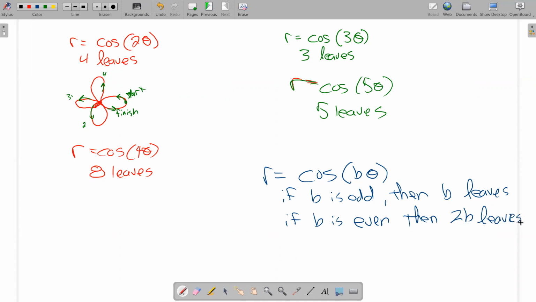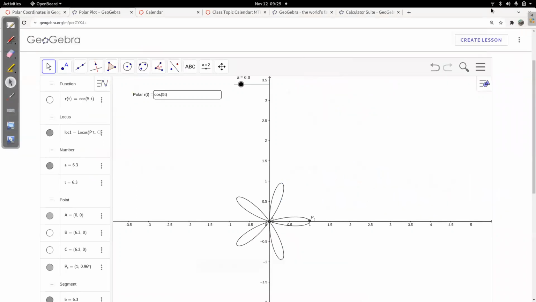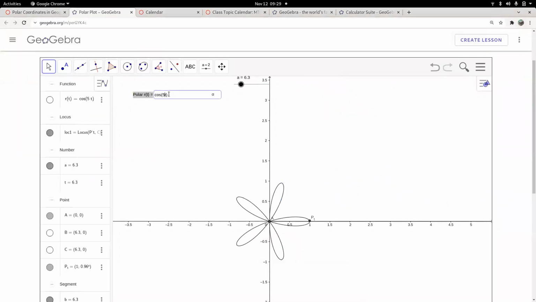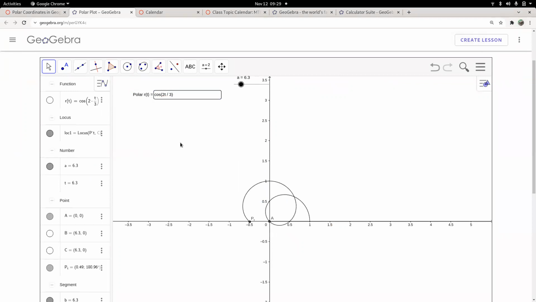Now, there's no reason b has to be a whole number. We can multiply anything we want, like a half or 2/3. So what if I go in here, instead of a 5, I do 2t divided by 3. Ooh, what is this? Need some more. So apparently 2 pi wasn't enough to complete a cycle. Whoa, that is wicked cool. So then we get these funky overlapping leaves.